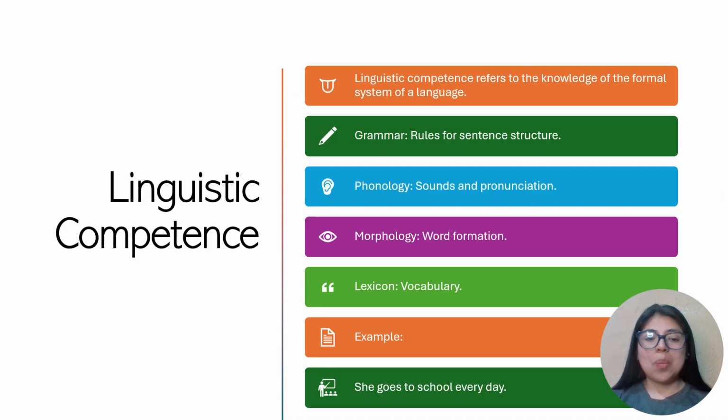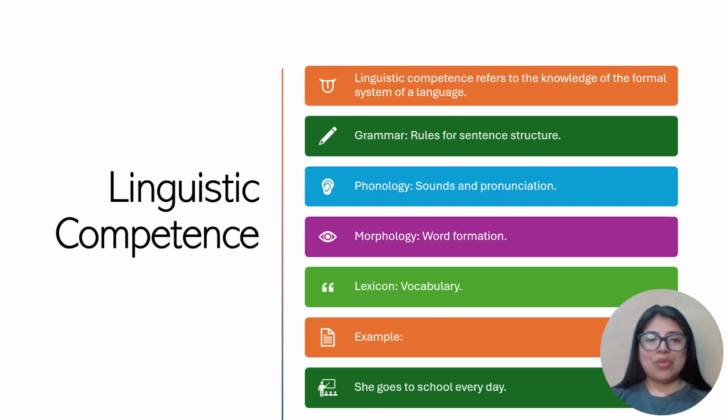And linguistic competence includes several components. Can you see this presentation? First is grammar, the rules for building correct sentences. And phonology, the sounds of the language and how they are pronounced.